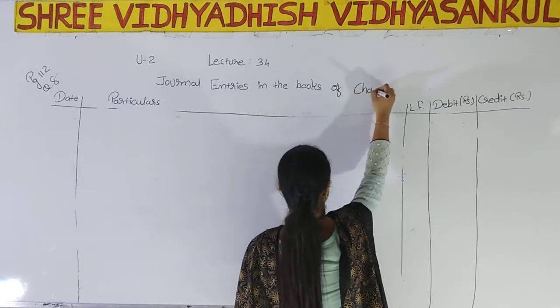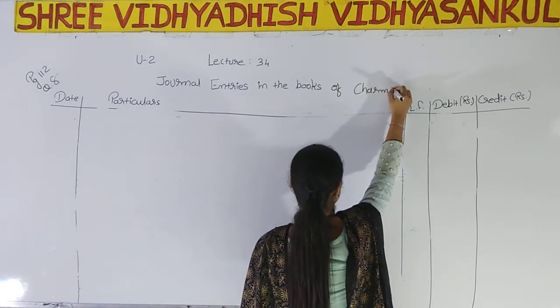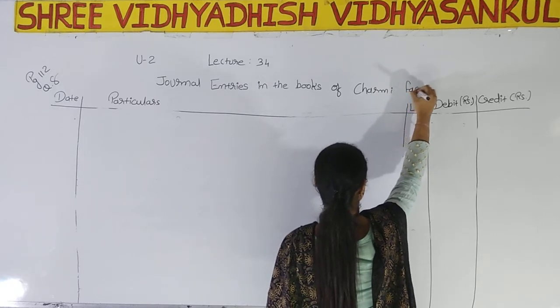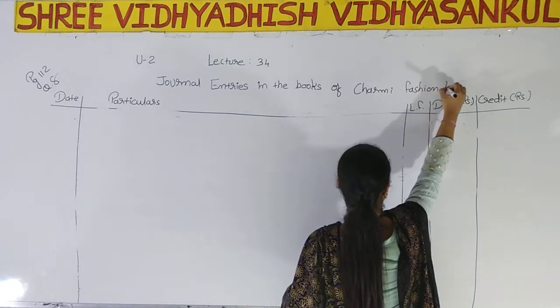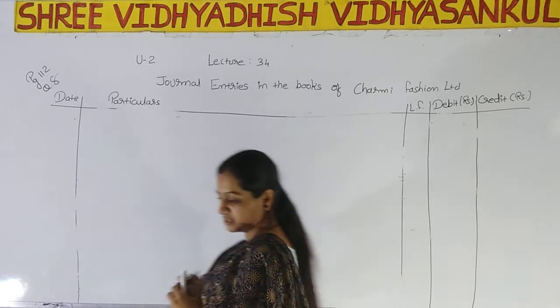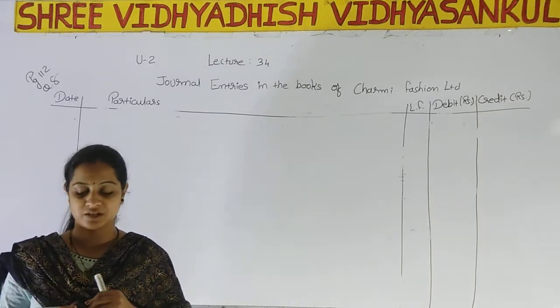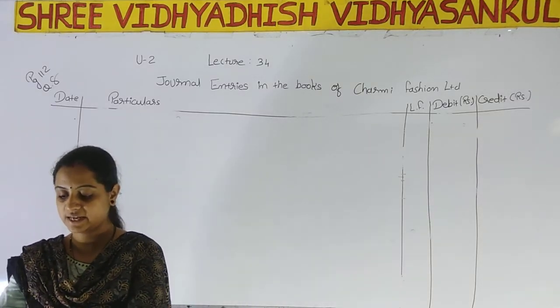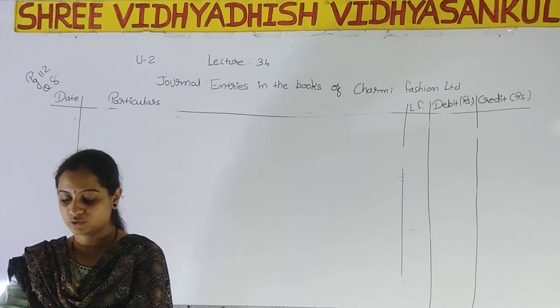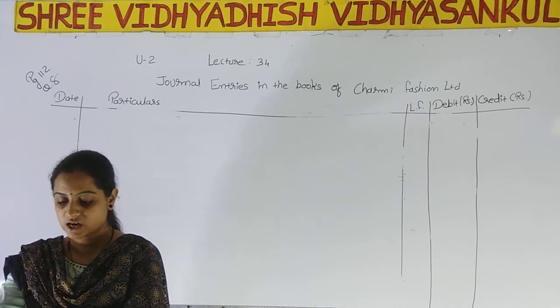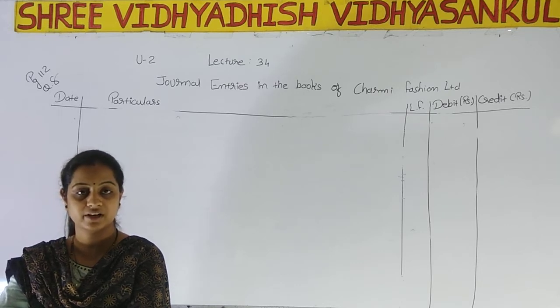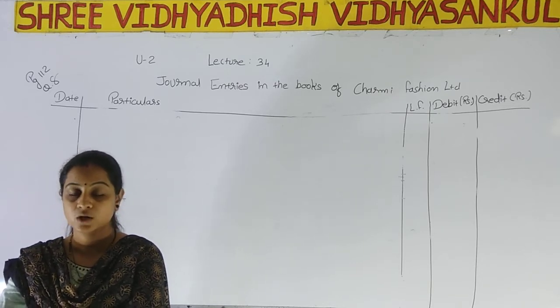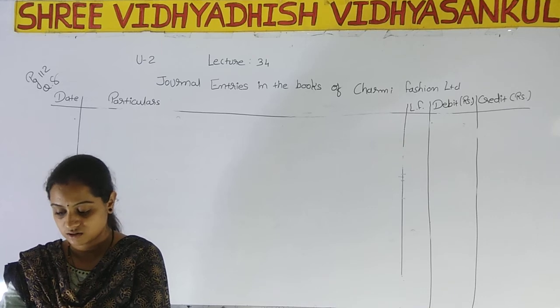For this sum, you will require 3/4 page. Charming Fraction Limited issued 1,20,000, 10% debentures at a face value of 200 each at a premium of 10%. That means 10% of 200, 20 rupees. So 20 rupees is our premium.